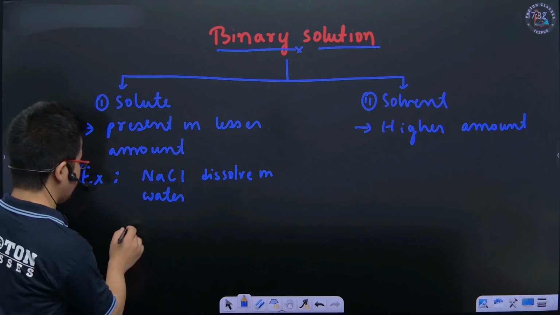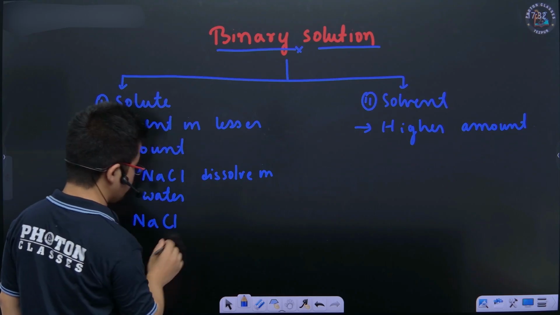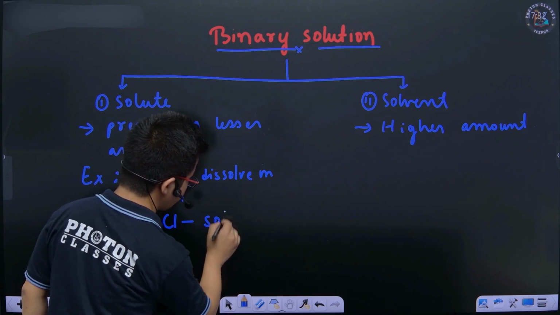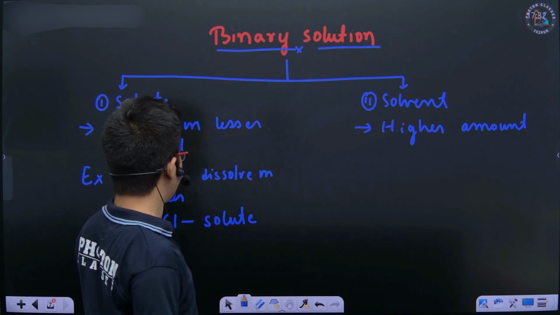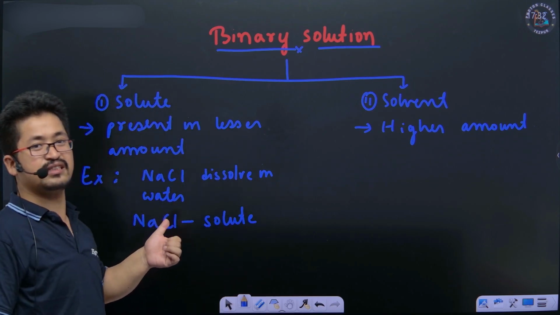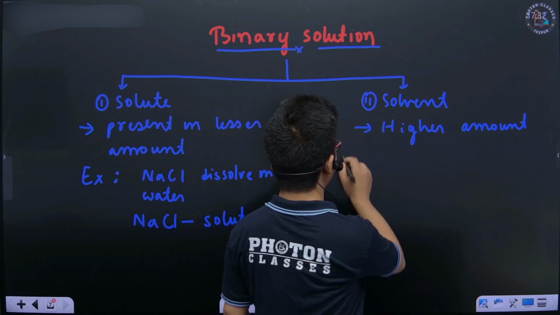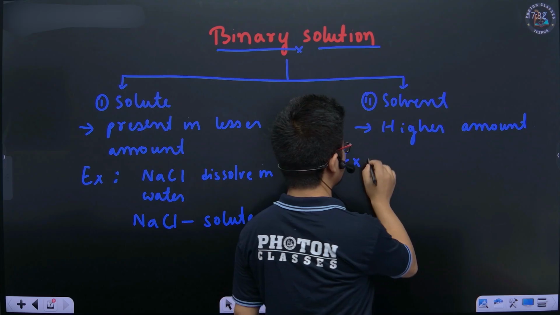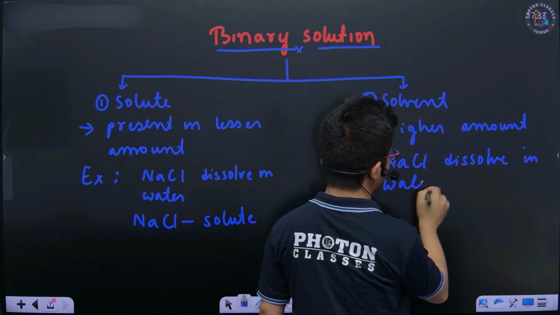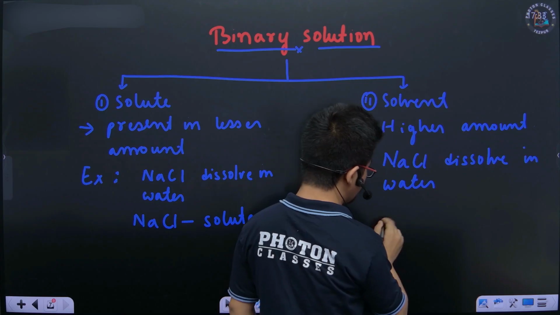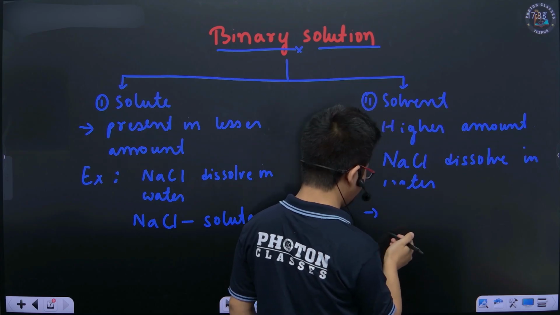So NaCl will be called the solute in this particular solution, and the water present in this binary solution will be called the solvent. When NaCl is dissolved in water, water will be our solvent.